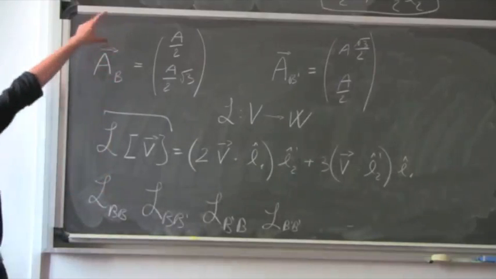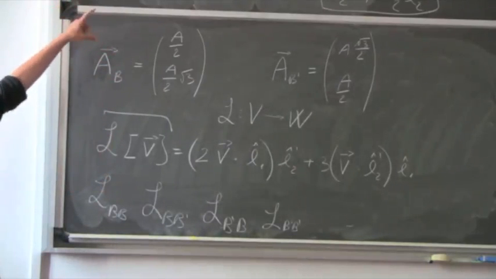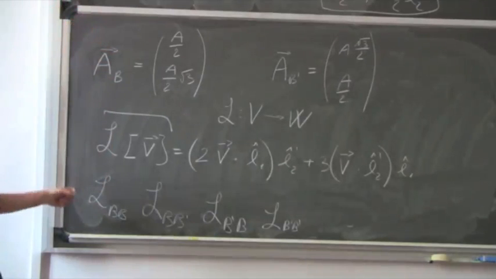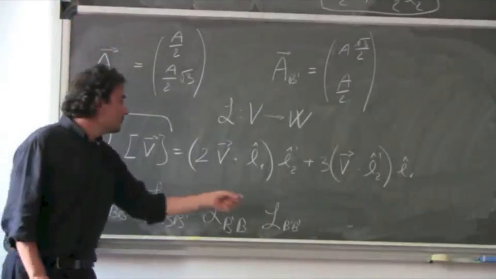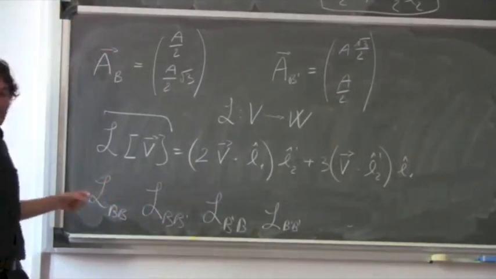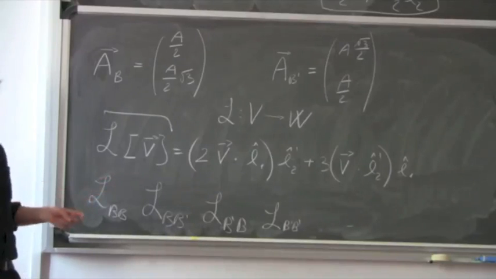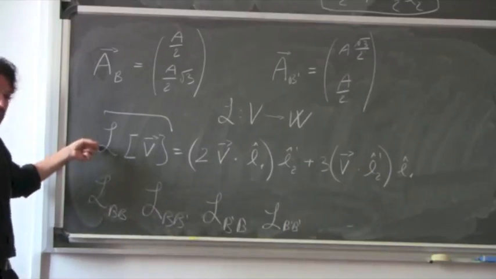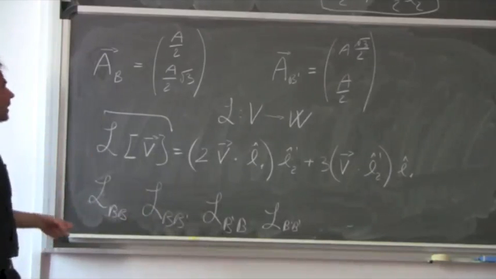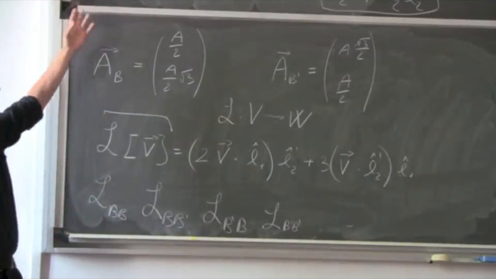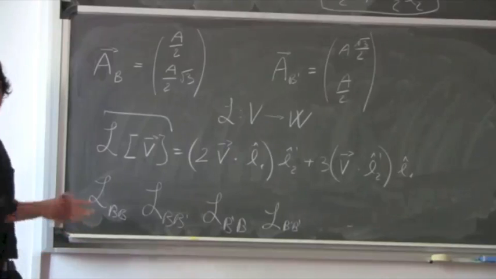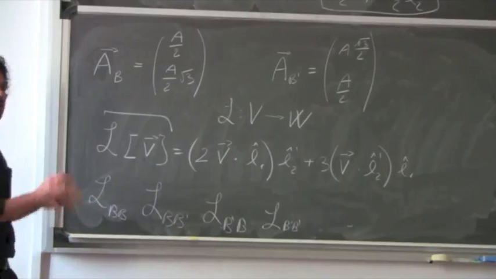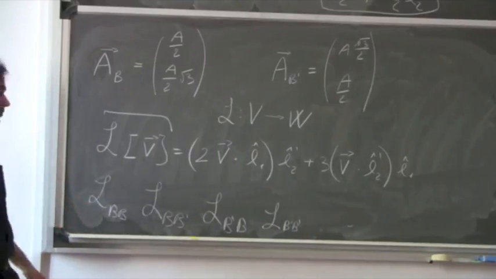Well, with the two bases that we have defined here, we can see four different representations of the same application. This is important, of the same application. Of course, the bases of a vector space are infinite, so there are infinite ways to represent the same linear application.